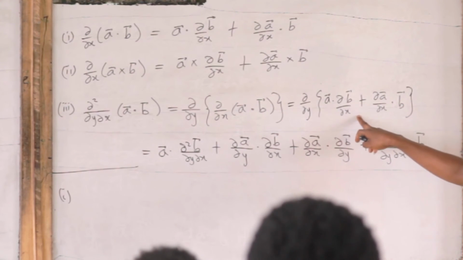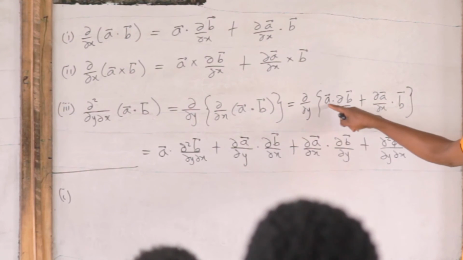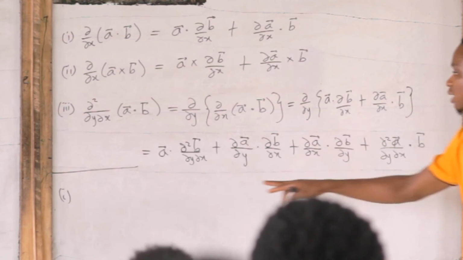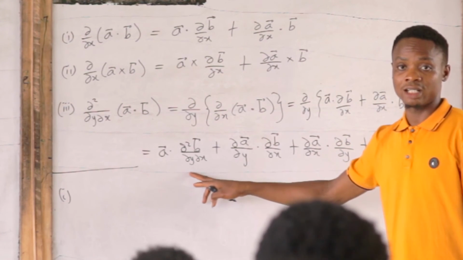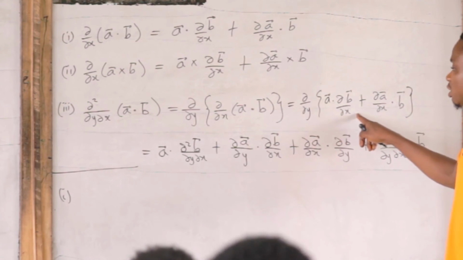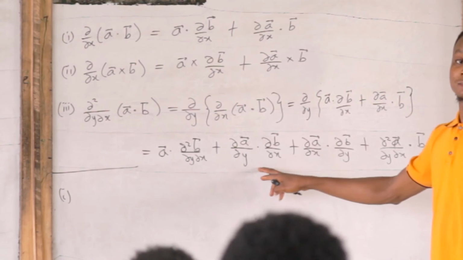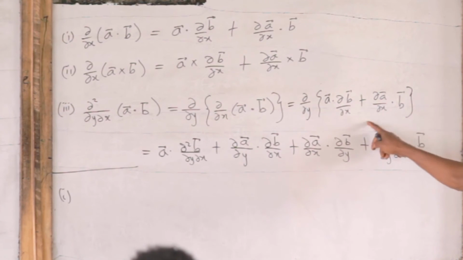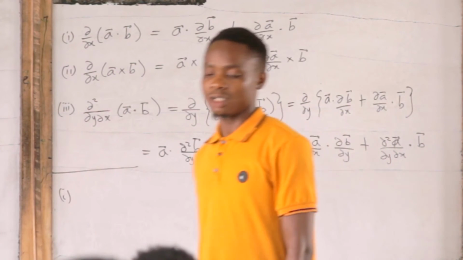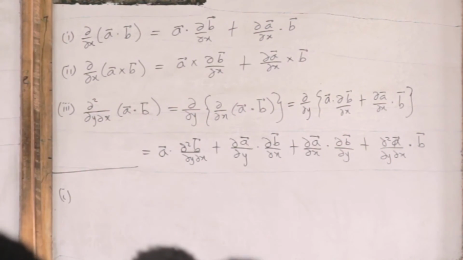You have to preserve the other, so I can keep a constant. I differentiate this one with respect to y. That's going to give me this. Is it clear? Plus differentiate a and keep this constant. So that will give me this. Then do the same thing for the second one, to give you this. You get it? Yeah. So let's move on.